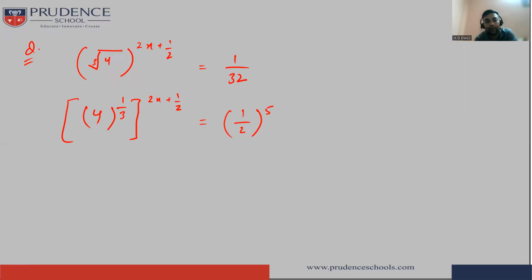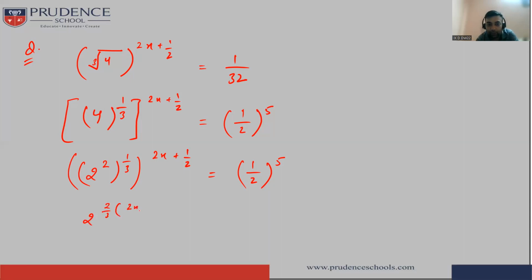32 can be written as 2 raised to power 5. Also, we will try to change this 4 into 2 raised to power 2 whole raised to power 1 by 3 and whole raised to power 2x plus 1 by 2, which is equal to 1 upon 2 raised to power 5. So here we will get 2 raised to power 2 by 3 into 2x plus 1 by 2.